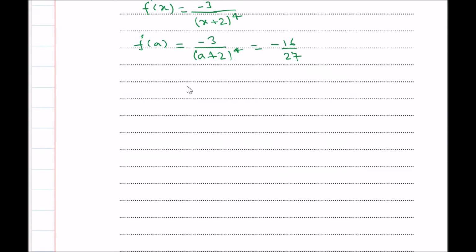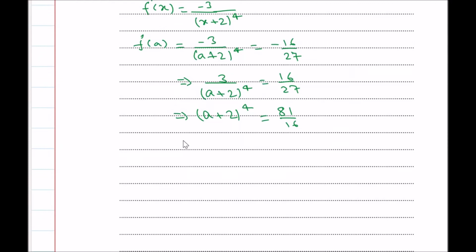Now let's simplify and solve for a. So we have negative on both sides, so the sign will be cancelled. So we got 3 by (a plus 2) whole 4 is equal to 16 by 27. Now let us cross multiply. So (a plus 2) raised to the power 4 is equal to 81 by 16.